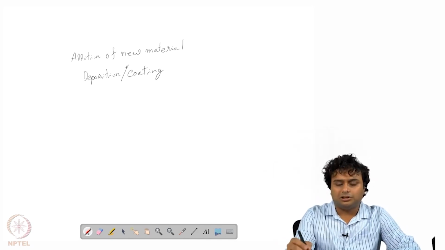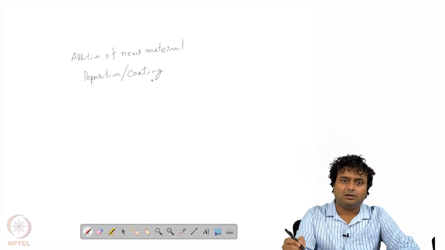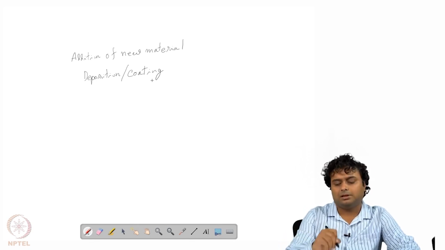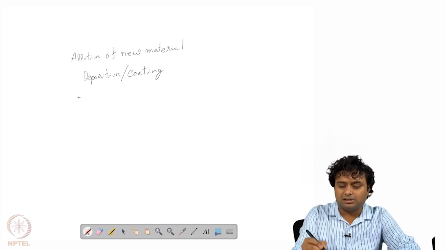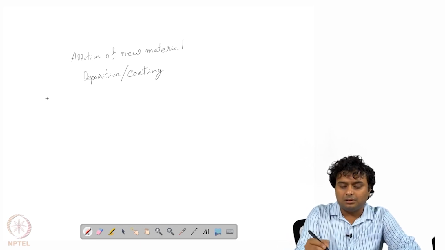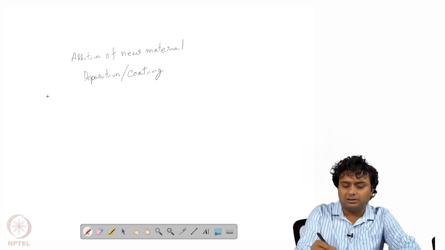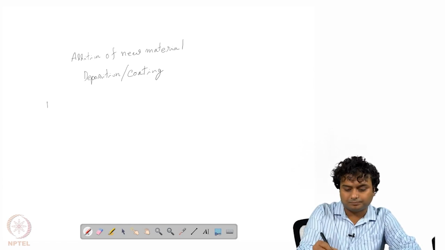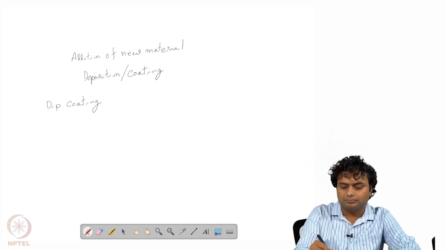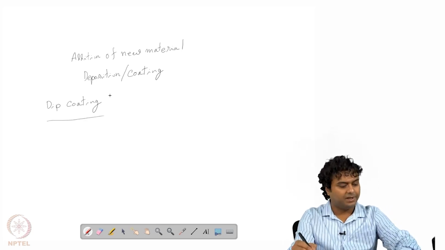For deposition or coating, we have different techniques for putting a new material on a sample. The first and most simple technique we will discuss is called dip coating.